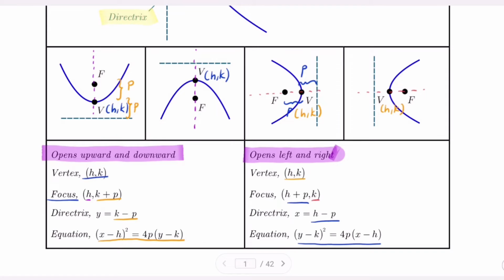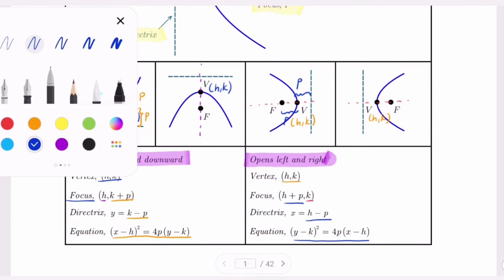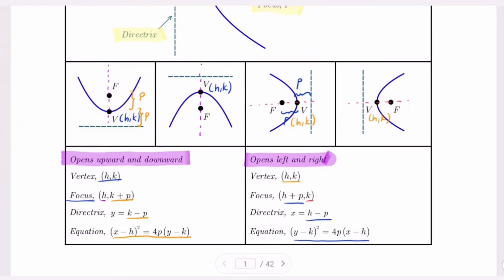But do we have to actually memorize all of this? So basically you only have to know these 2 equations. If it opens upward and downward, it will be x minus h squared equals to 4p times y minus k. If it opens left and right, it's going to be y minus k squared equals to 4p times x minus h.